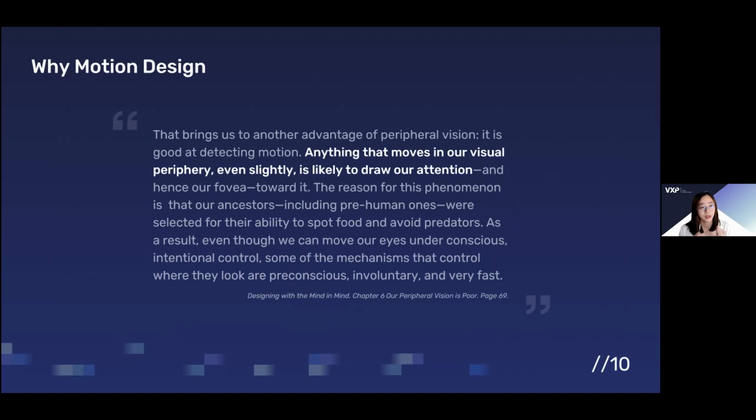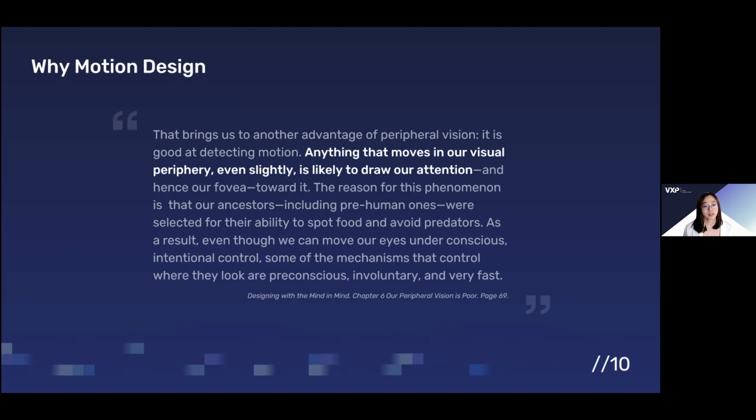Okay, so why do we use motion design in UX? From the perspective of science, humans' peripheral vision is good at catching moving objects. The book says that even slightly, anything that moves in our peripheral vision is likely to draw our attention.